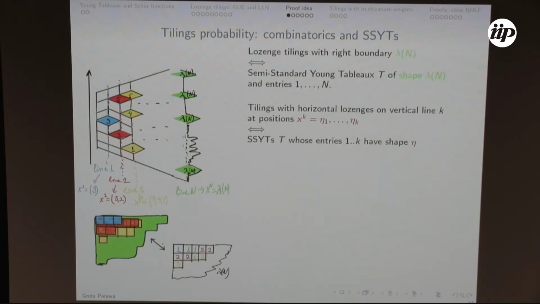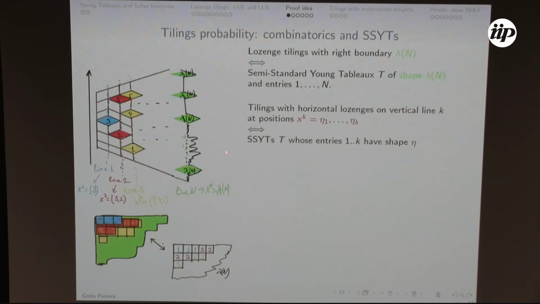It depends on how you take the scaling, what is changing, and so on. There is also the Tracy-Widom distribution here, which I'm not proving though. These methods do not, at the moment at least, give that.